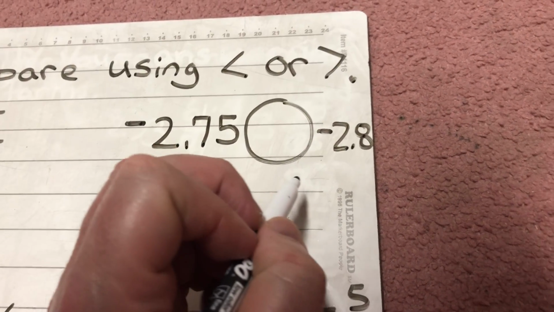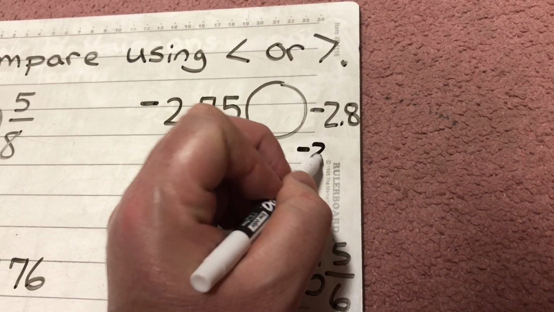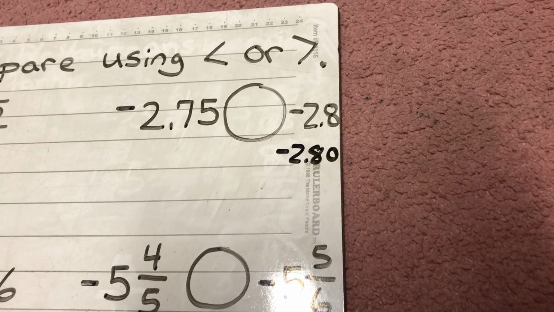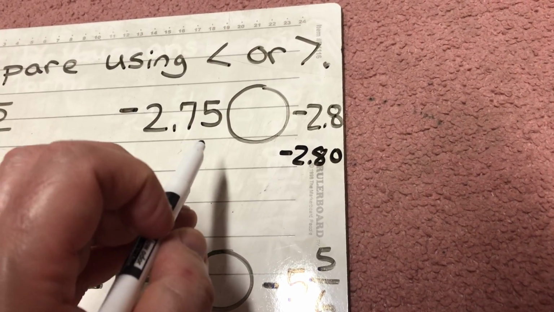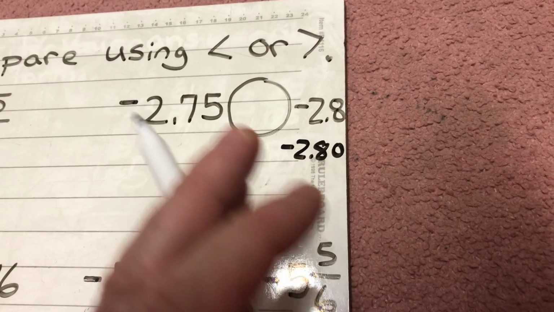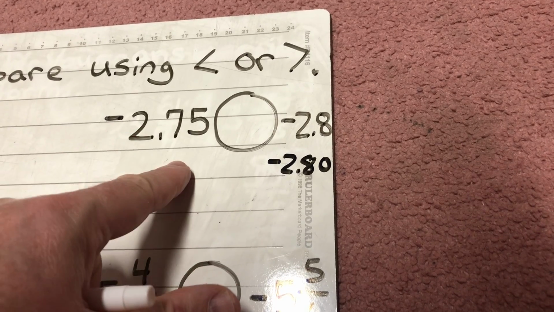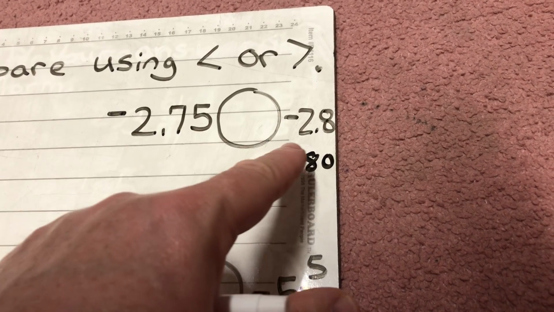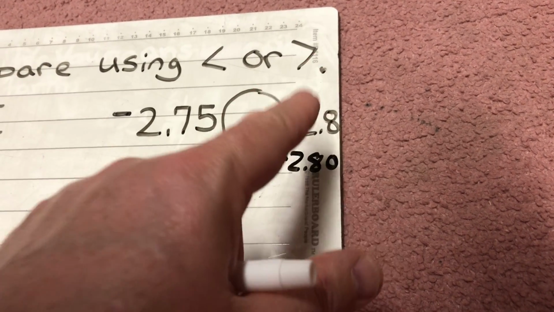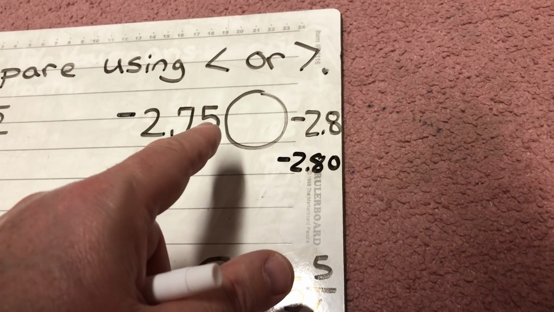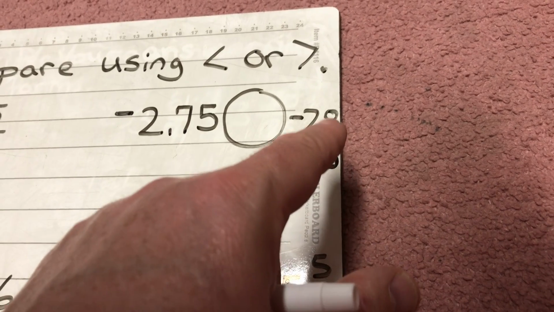Remember that this negative 2.8 is actually 2.80. So you might get away if you thought, well, this is bigger and didn't even think about the negatives, but then you might think, well, this is bigger, and I know in negative numbers, the smaller digits are actually bigger. So you might think, well, the 8 is bigger than the 75, and say that this one is bigger.